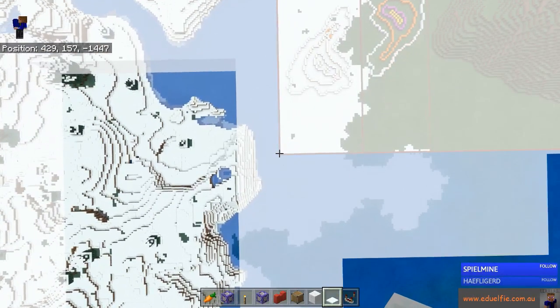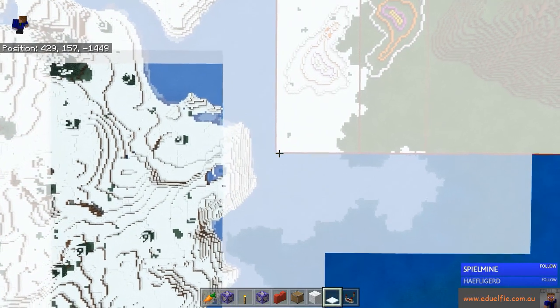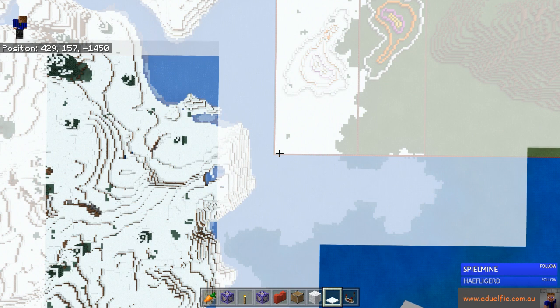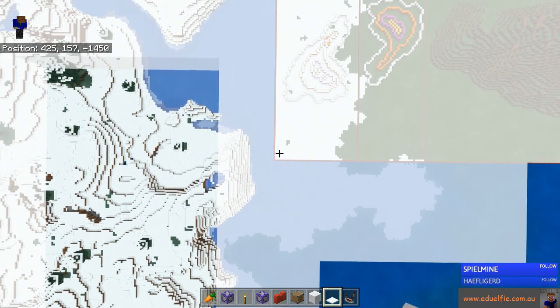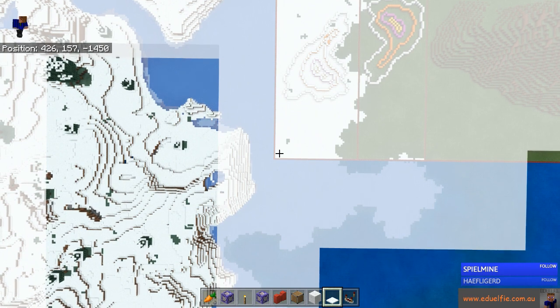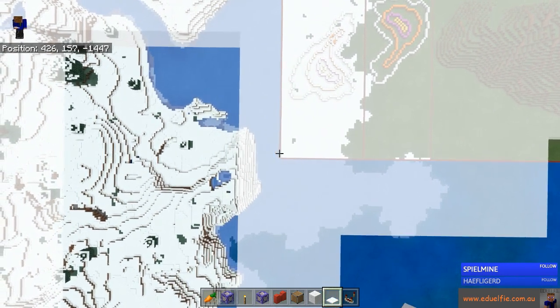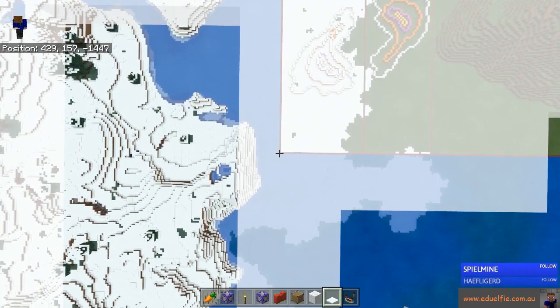Because I want to know. So we're going towards negative z, and we're going towards negative x. Okay. So I want to get back to 429 and 1447.